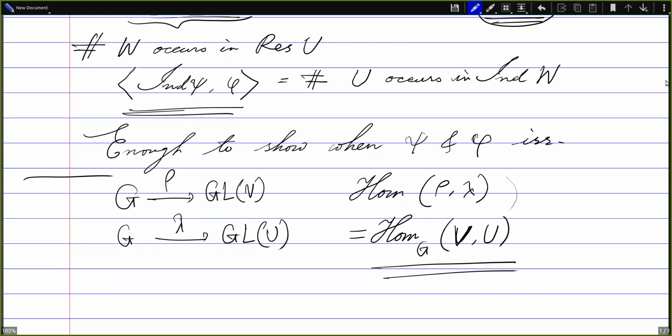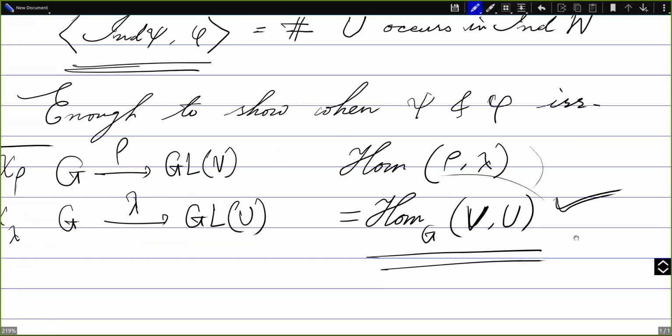Now what we are interested in is the dimension of this. Assume that chi is the character of rho, and let chi and theta be the characters of rho and lambda as well.